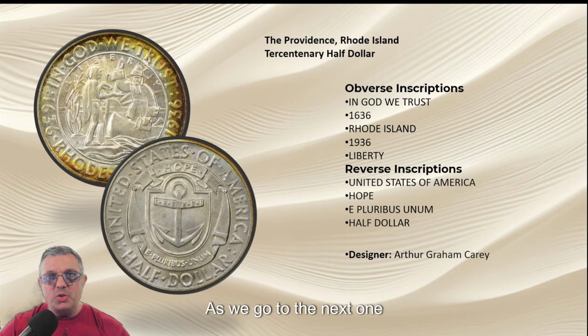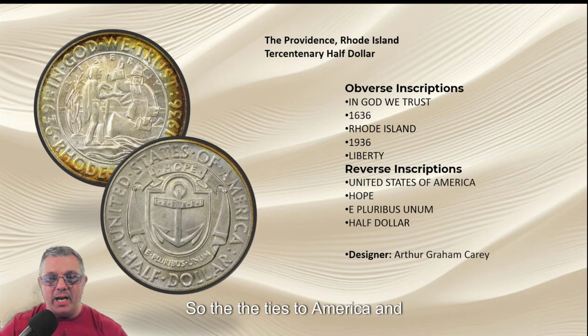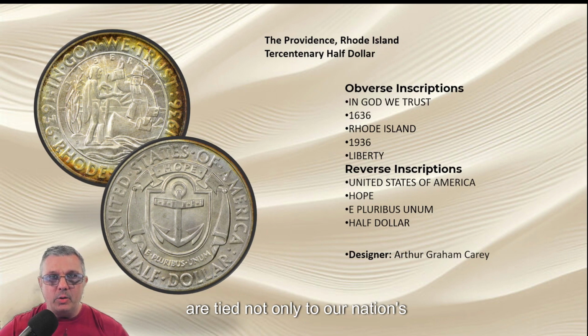As we go to the next one, again, another naval theme. Again, our foundation of our nation was founded by people coming across on ships. So the ties to America and the seafaring world is huge. There are so many things that are tied not only to our nation's Navy history, but to general naval commerce.